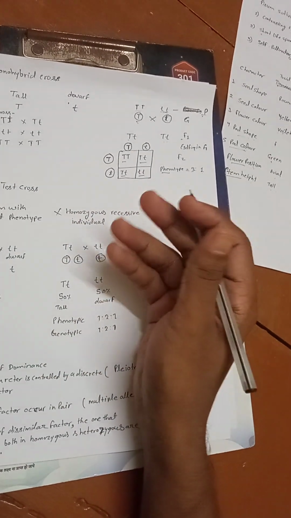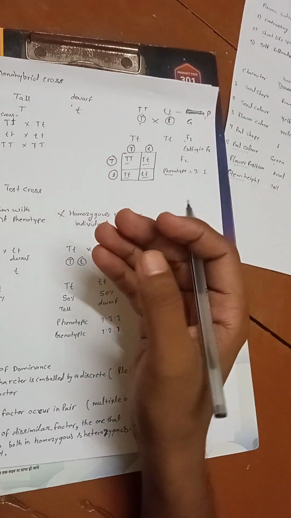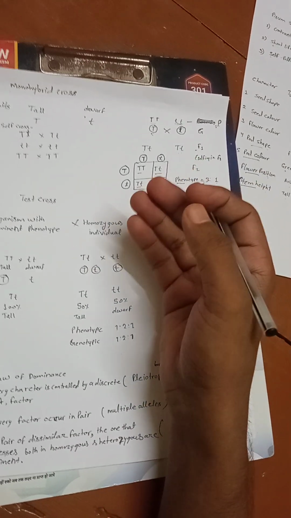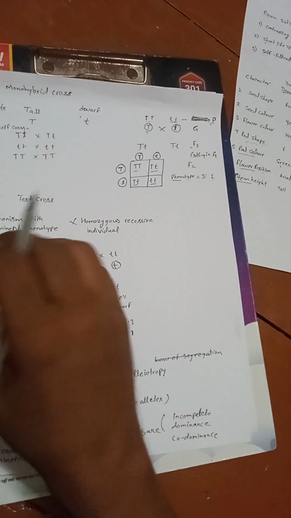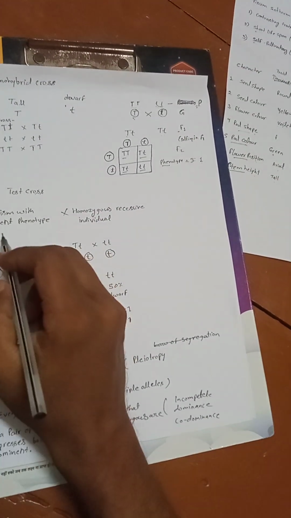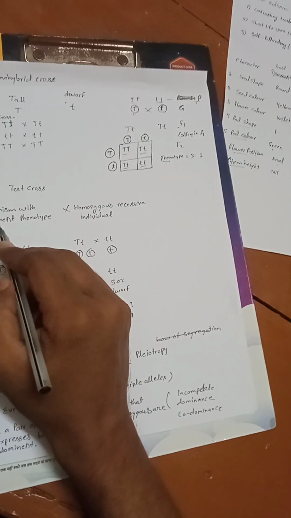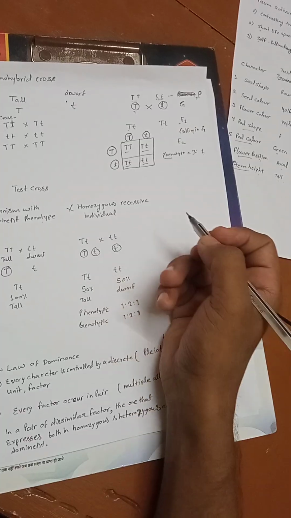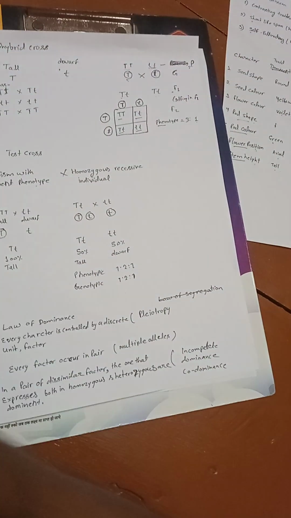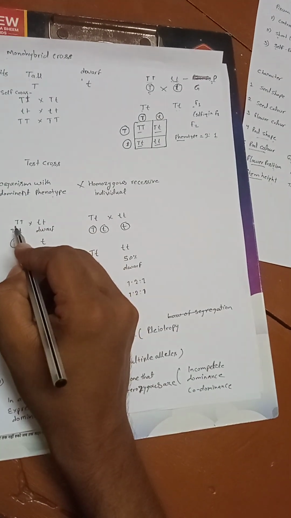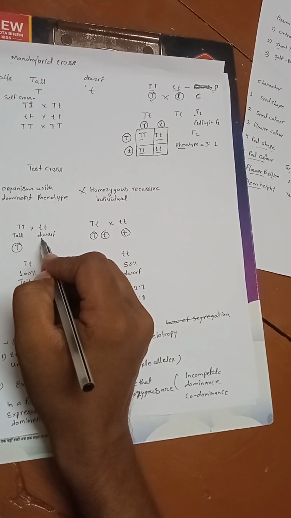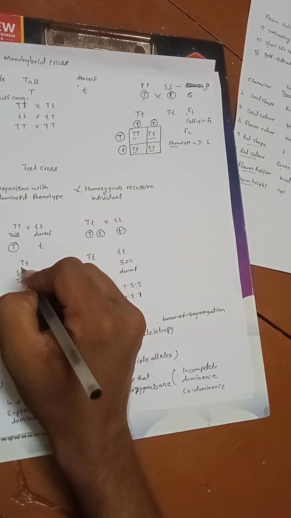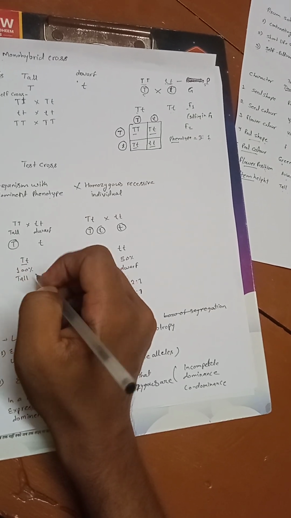The name suggests that we test the genotype of the organisms we got in F1 and F2. So how do we do a test cross? An organism with dominant phenotype is crossed with a homozygous recessive individual. Here capital T capital T crossed with small t small t, then we get capital T small t, 100% tall.